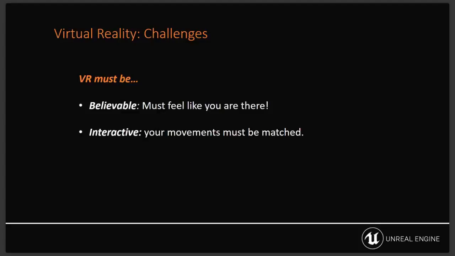Maybe you're changing materials, or you're actually grabbing pieces of the geometry to explore them up close, or removing them. Whatever that interactivity is, at the end of the day, it must match your movements. And again, if it's something as simple as moving your head, it needs to follow that in real time, and it needs to add to that overall experience as well.